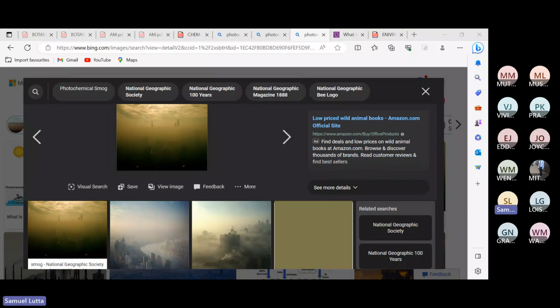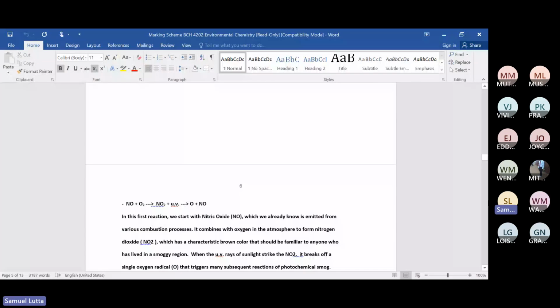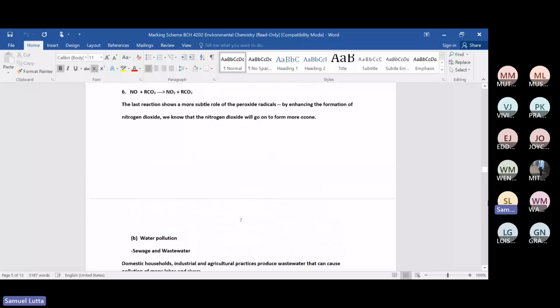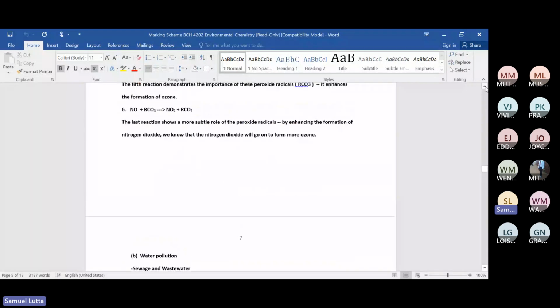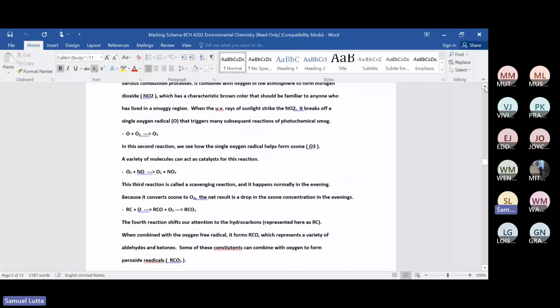So we have opened many windows. Let me just go back. So when you talk about smog, the formation has about 6 equations.